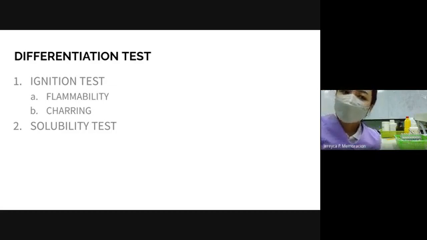We will ignite the ethyl alcohol with a lighted matchstick and observe whether it is flammable or not. Please take note of the luminosity or the color and the amount of smoke formed if a flame is produced. So let's perform the first activity, which is flammability.